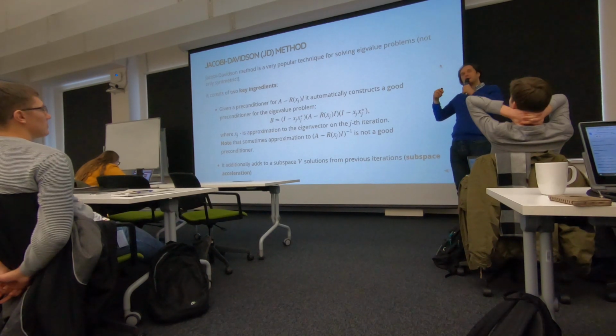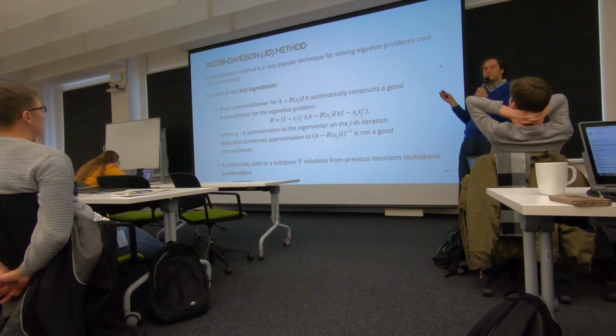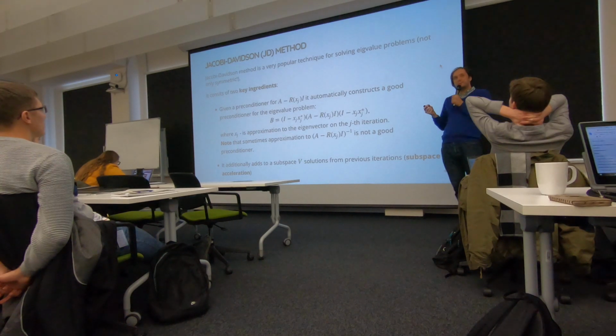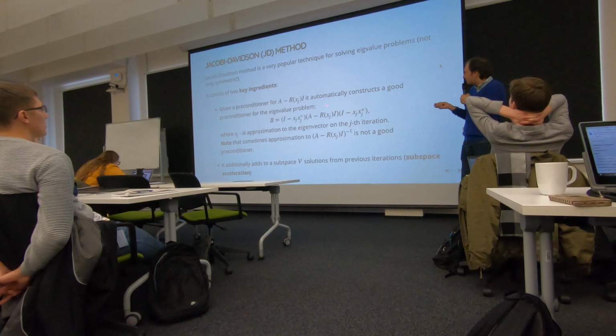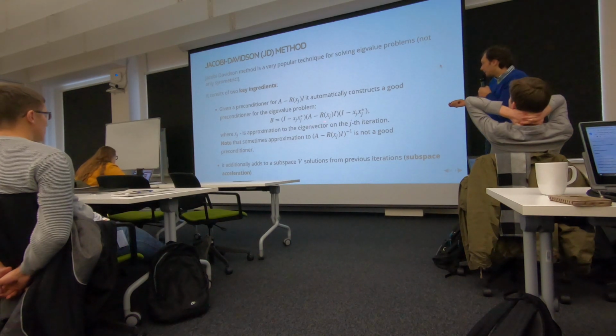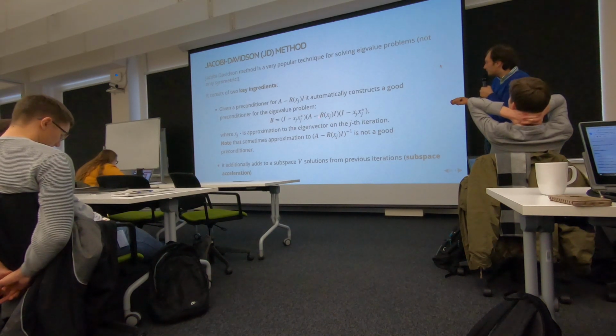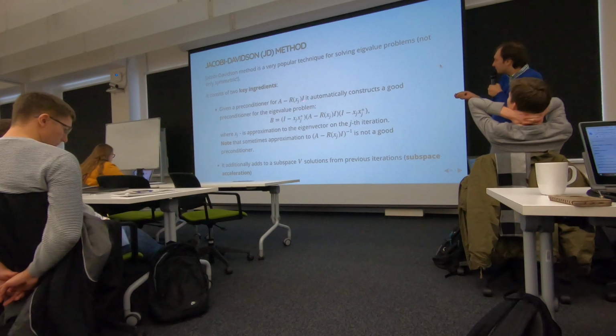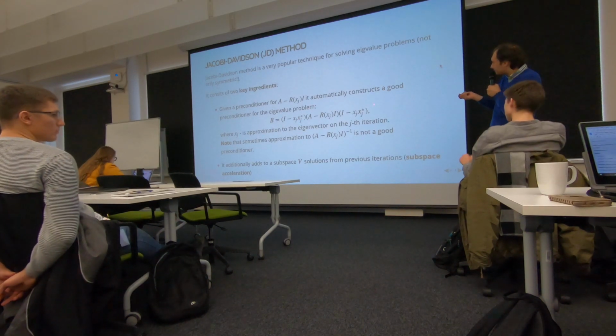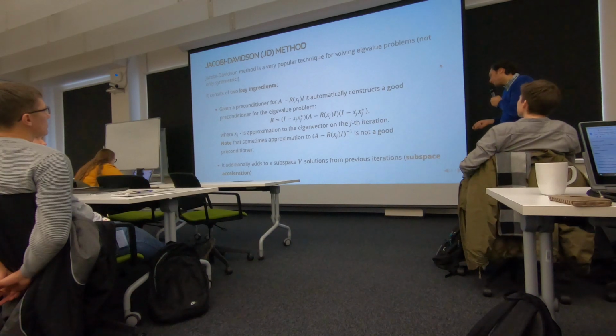And if you take the orthogonal projection, we're actually working on a good subspace corresponding to eigenvectors that do not have the small eigenvalues. So this approximation by itself is not a good preconditioner, but if you frame this matrix by these two projectors, it becomes a good preconditioner.